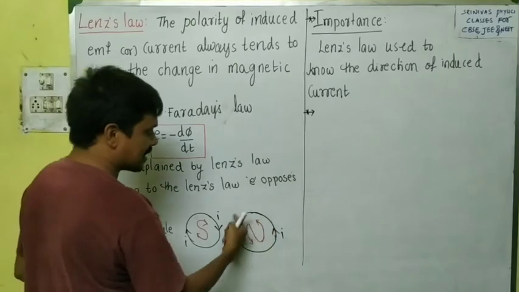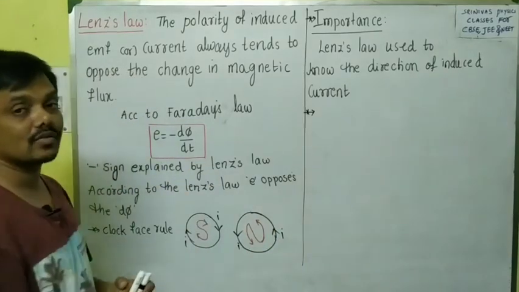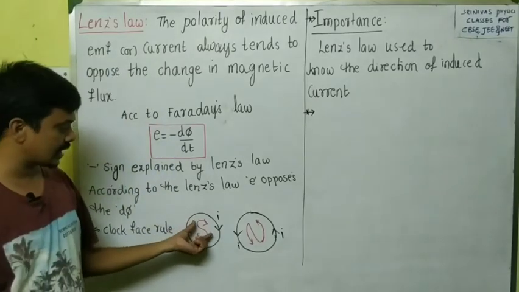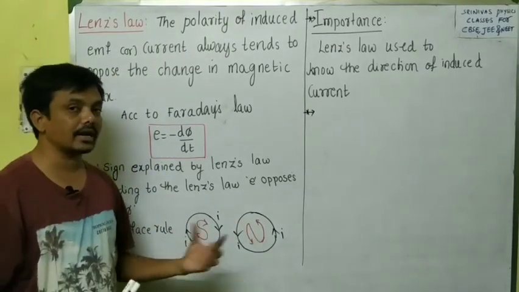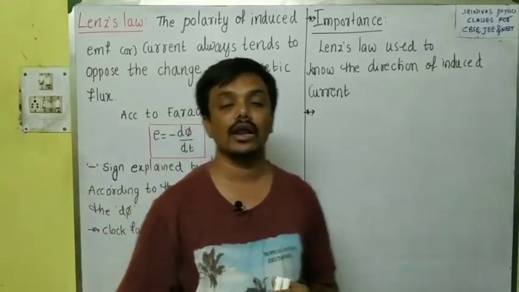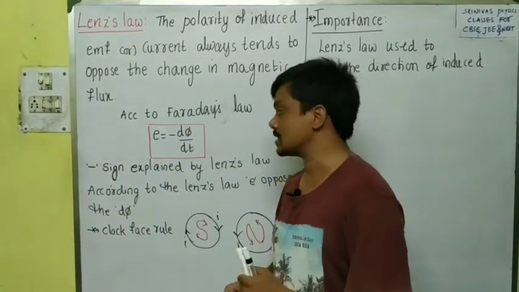If the current is in anti-clockwise direction, then that phase will act as north. That means a current carrying coil behaves like a magnet, and one phase of the coil acts as north and the other phase acts as south.